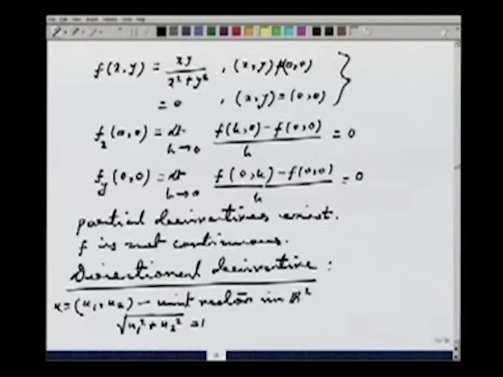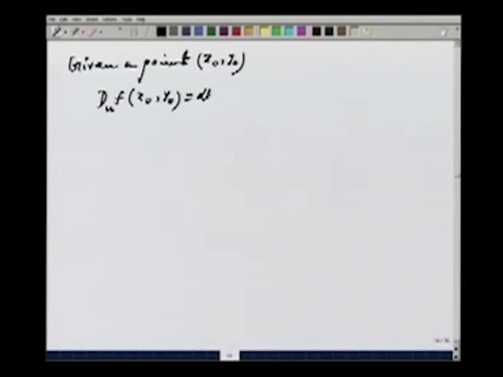And I call this u. Then, given a point (x naught, y naught), I define D u f, which stands for the directional derivative in the direction of u at (x naught, y naught), to be the limit h going to 0 of f of (x naught, y naught) plus (h u1, h u2), minus f of (x naught, y naught), divided by h.